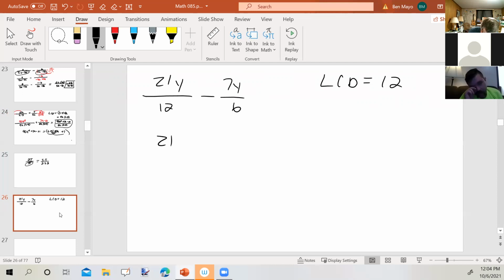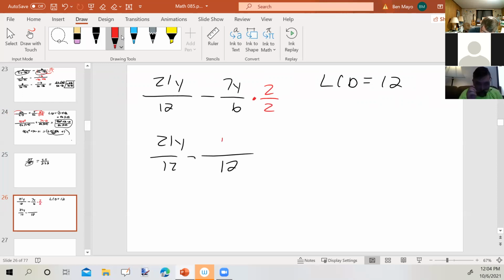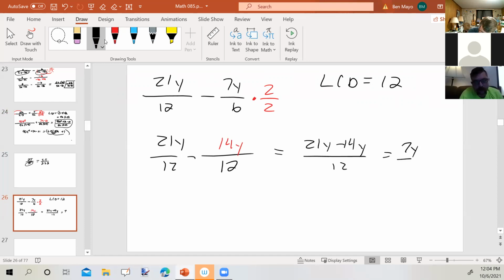Okay, so this is going to be 21y over 12 minus, I've got to multiply the 6 by 2, so the 7y by 2 becomes 14y. So now I've got 21y minus 14y over 12, which is 7y over 12, and nothing reduces any further.